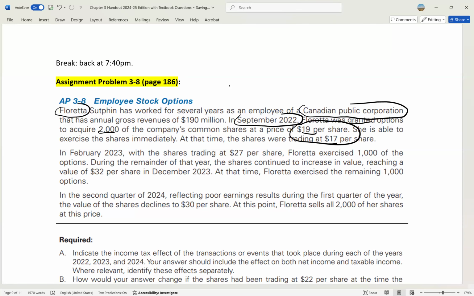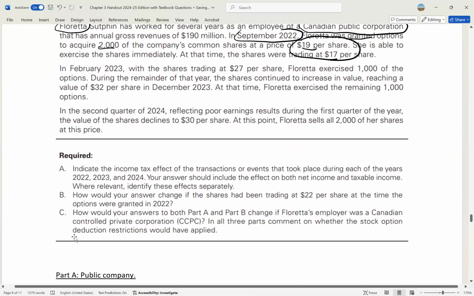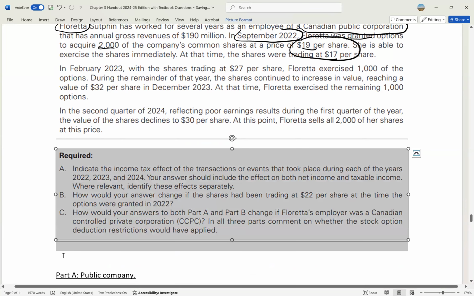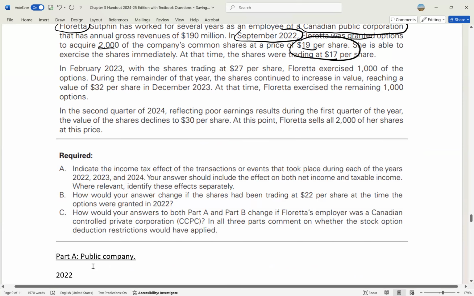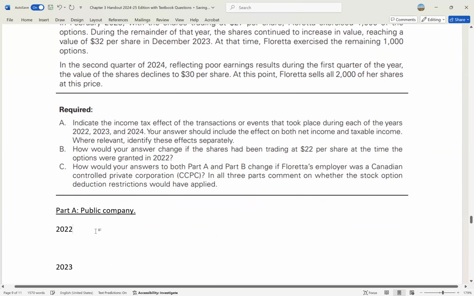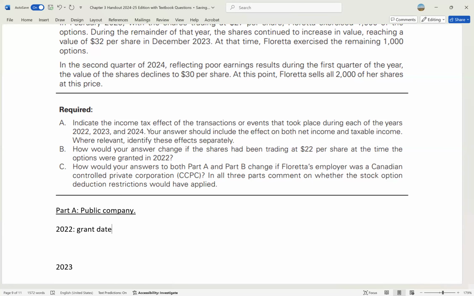When the option is granted, we need to measure whether the option was granted in the money or not in the money. On the grant date here, we're going to work through part A, but under part A, I'm just going to make a note here: 2022, this was the grant date. So there's no immediate tax consequences, but we need to measure if the option was granted in the money or not in the money.